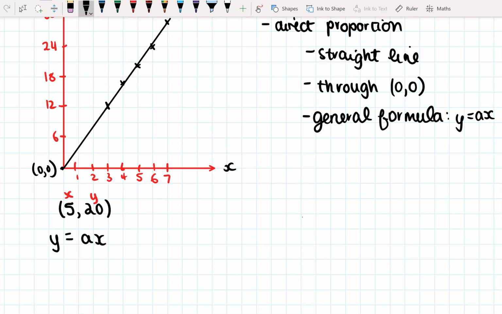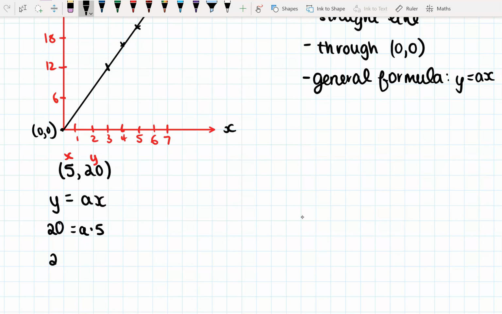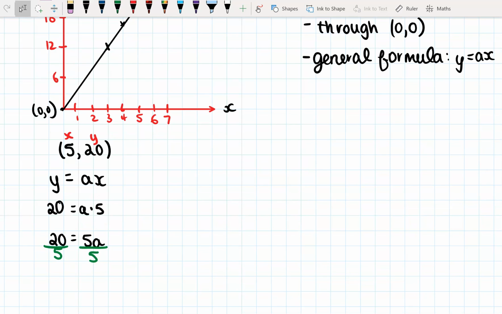So we substitute 5 in for x and 20 in for y. 20 equals 5a. To work out what a is, we divide both sides by 5, and we end up with a equal to 4. Remember, always write your variable on the left. So we can straight away say that our formula for this relationship is y equals 4x.